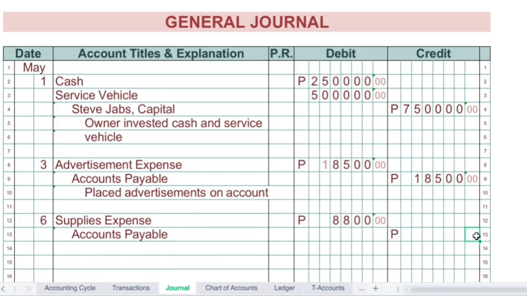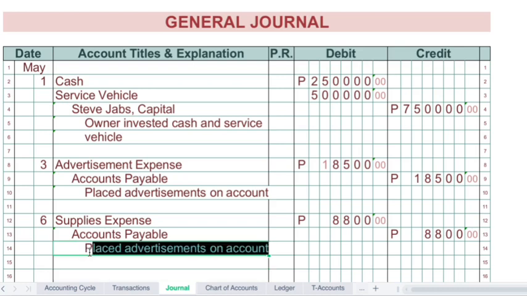So, this is $8,800 as well. Alright. So, let's write a brief explanation. So, let's say we purchase supplies on account. So, you may also write the name of the entity na pinagkakautangan natin.